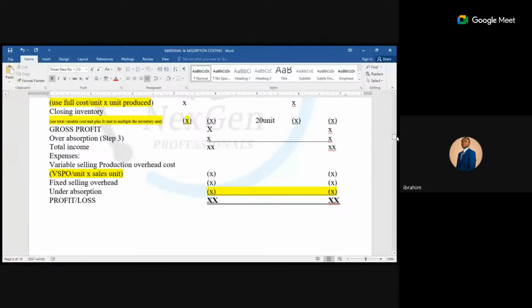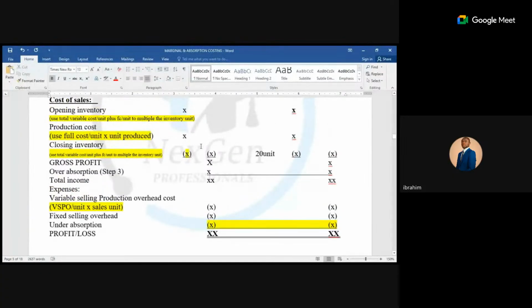So now let me quickly complete this. When you have your over absorption, you add it back, you have your total income. Then your expenses, your variable selling expenses. Don't forget your variable selling production overhead cost is an expense, variable selling. Maybe you want to sell something and you incur this cost to it.